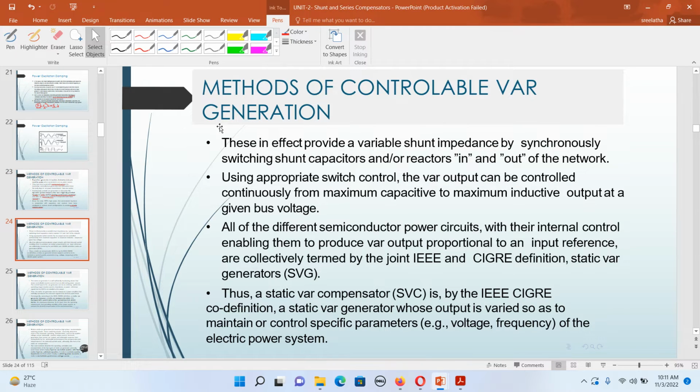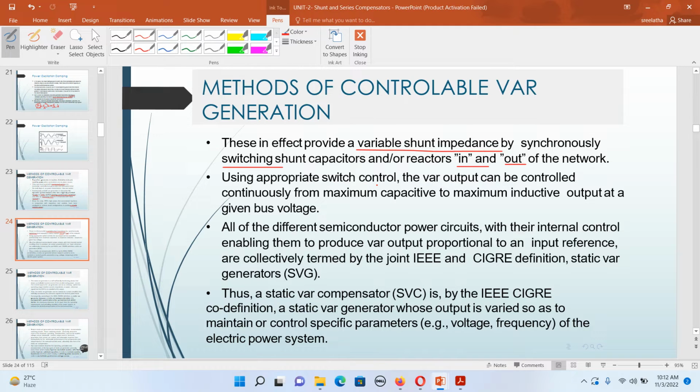This in effect provides a variable shunt impedance by synchronously switching shunt capacitors or reactors in and out of the network. By switching on and off, we are varying the shunt impedance.